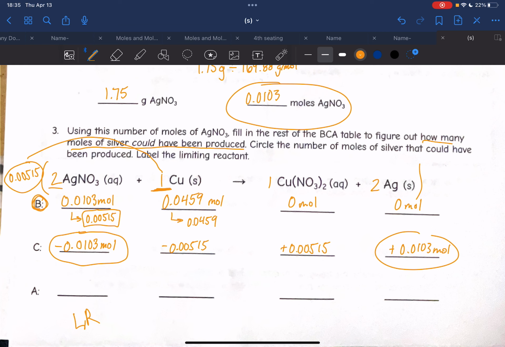But you could also think at the end of your reaction, when you were done with your lab, or if you watched the video when I was done with the lab, what did we have left over? Did we have copper left over? Did we have silver nitrate left over? And pretty obviously, we had a bunch of copper left over.